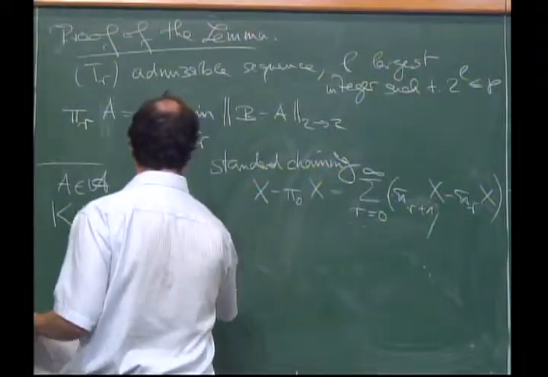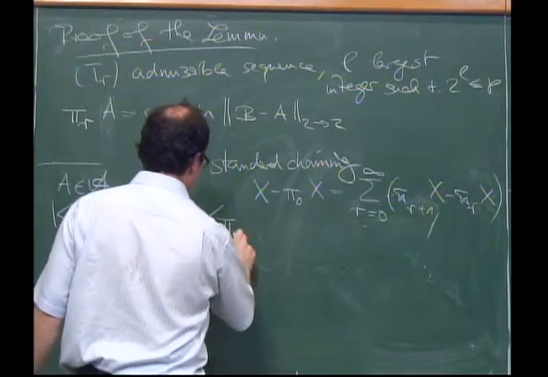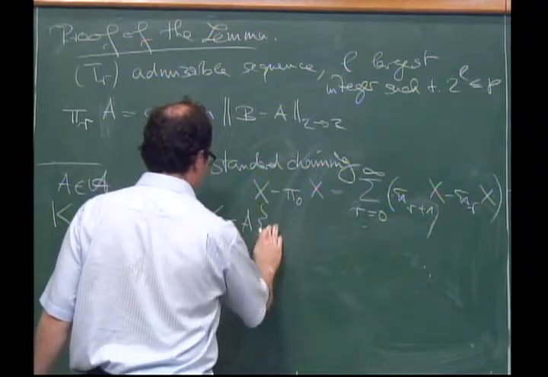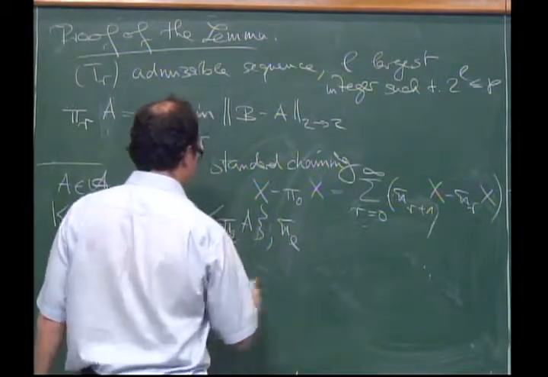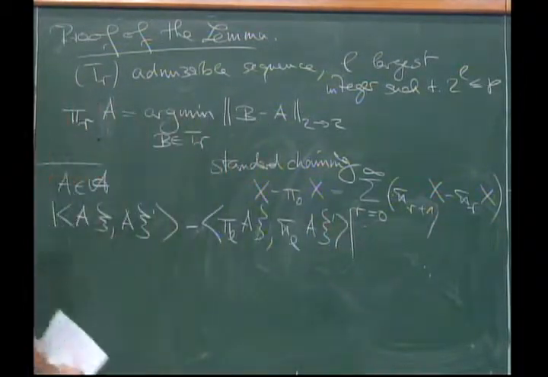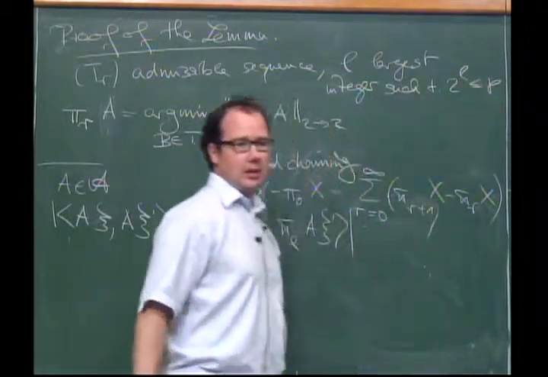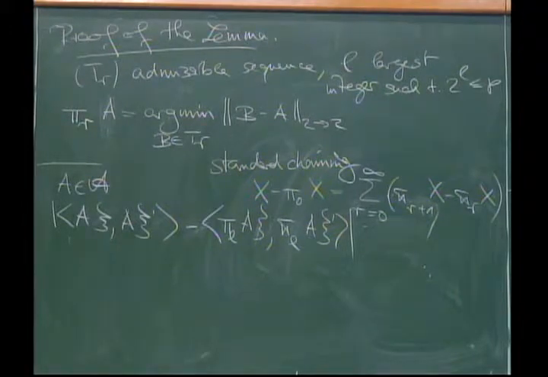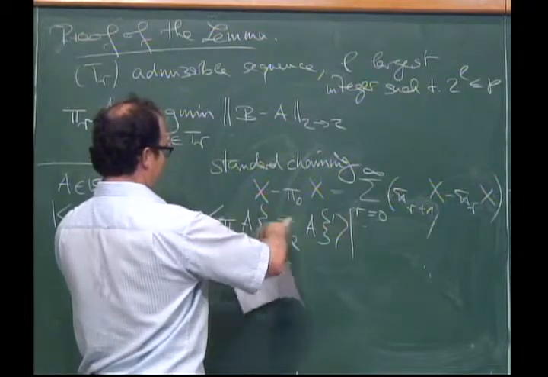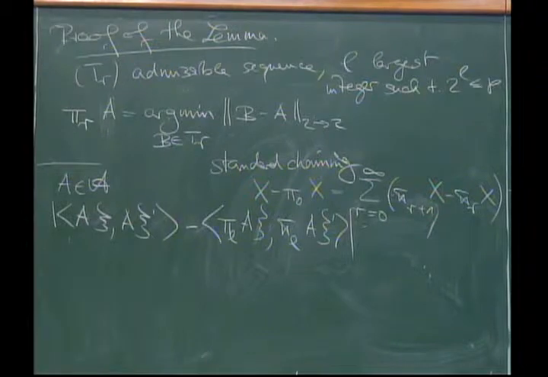But what we do is we subtract pi_L of A xi minus pi_L A xi prime. So if we actually want to bound the pth moment, we can go up to level L here and still get the supremum over all elements in the level L under control in the end.